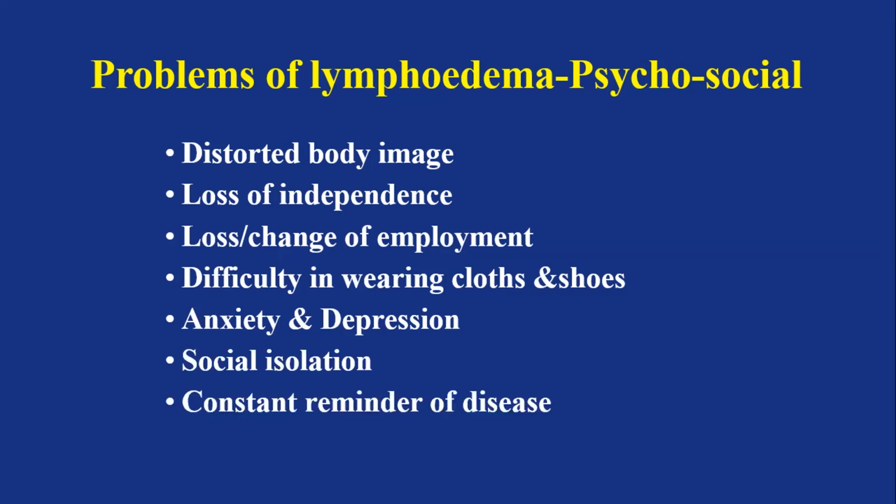And as I said, a constant reminder of the disease is a very important point. Always they might be thinking, my disease is spreading from the cancer area to the non-cancerous area, that is why I am having that edema in my lower limbs or upper limbs.